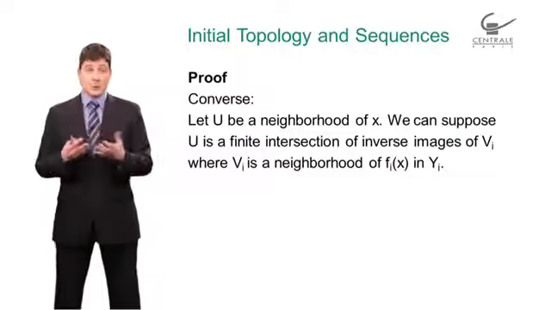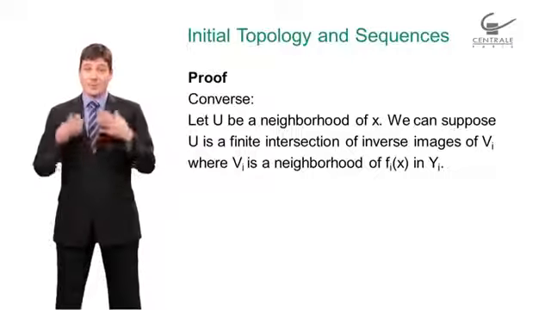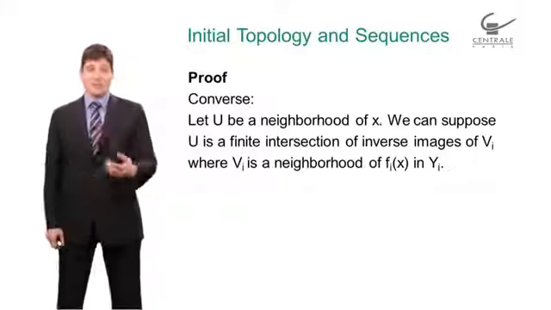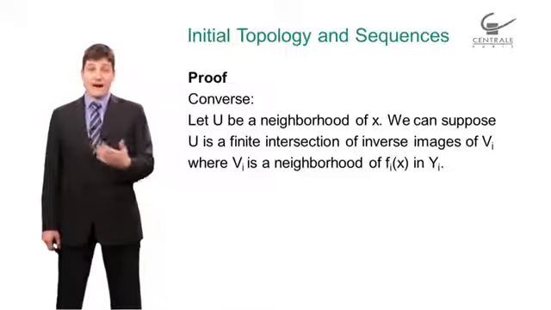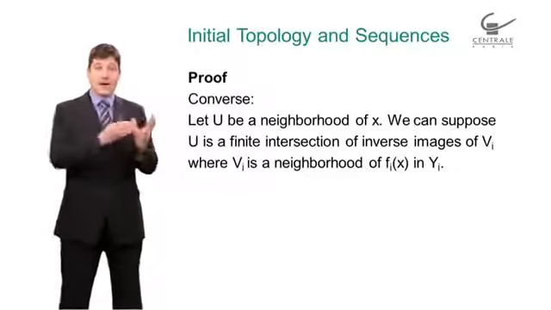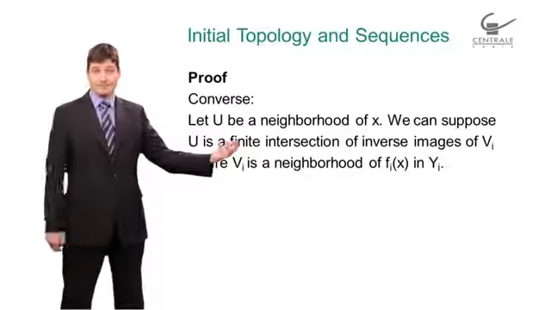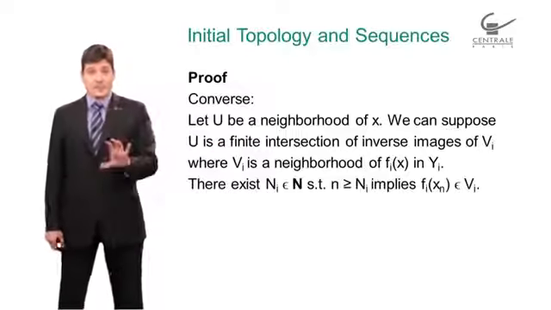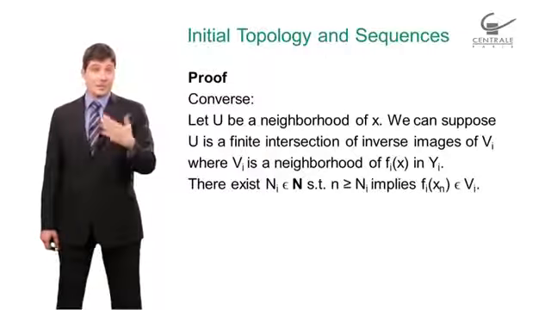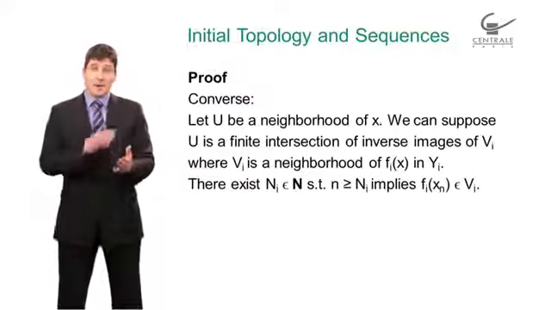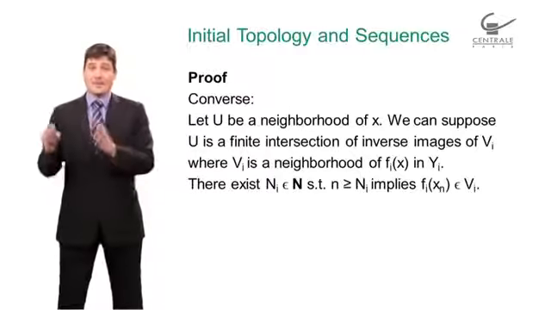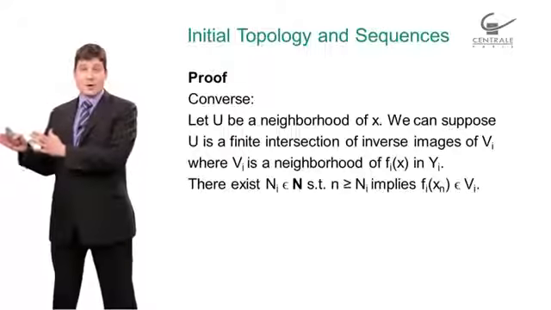Let's start with U, a neighborhood of x. And we can suppose that U is a finite intersection of inverse images of Vi's, where Vi are the neighborhoods of Fi of x in Yi. Now, there exists an integer Ni such that past this Ni, the Fi of xn's are in Vi.